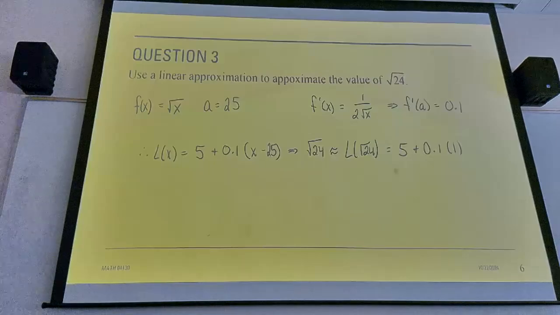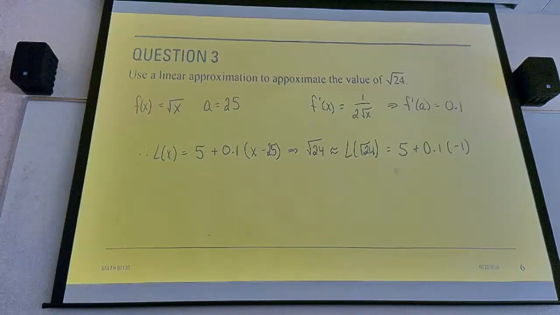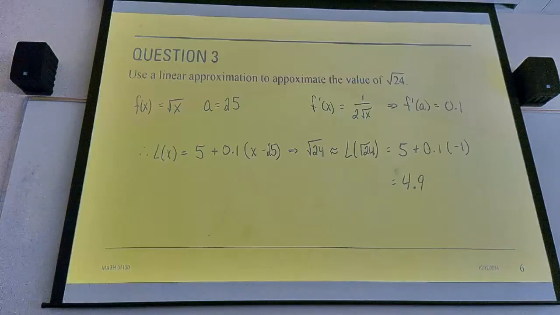Negative 1. Right. Delta x is minus 1. And so we get about 4.9.